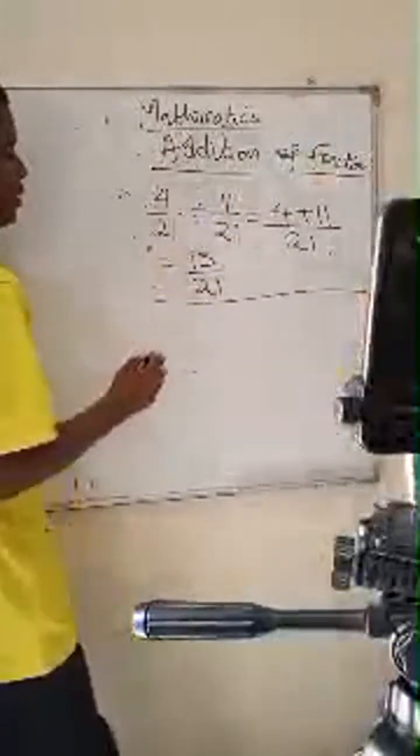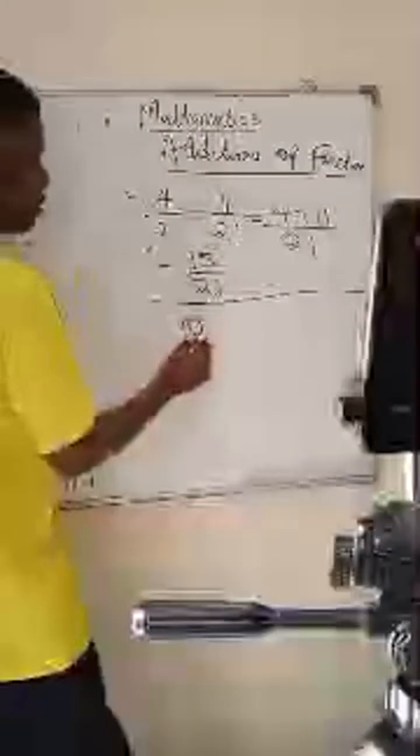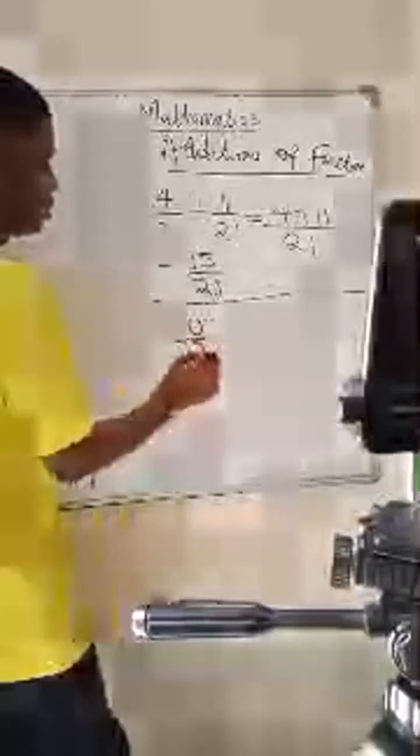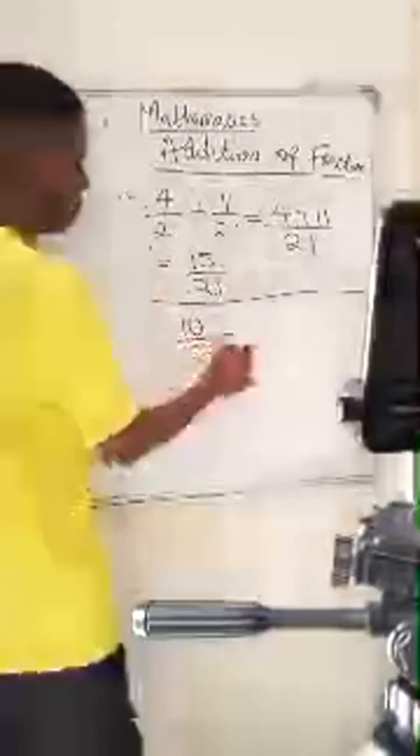Let's say we have something like 10 over 23 plus 4 over 23. What do you observe? You notice that the denominators are what? The same, right?